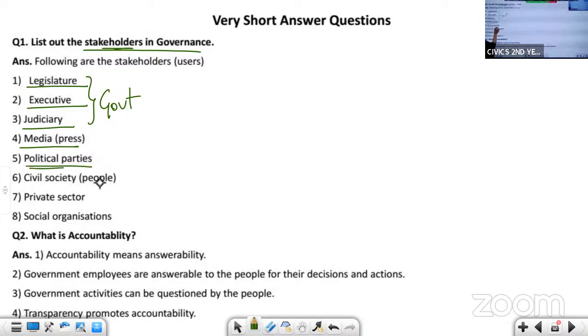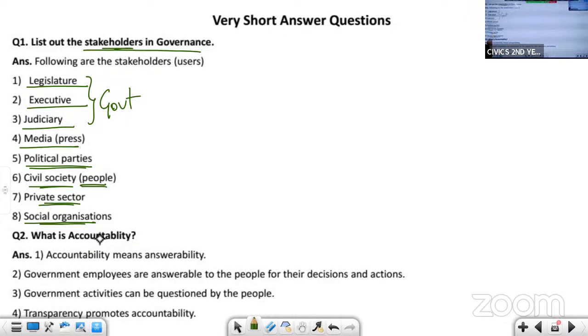Then political parties, civil society, that is the people, private sector, private organizations, and social organizations, non-government organizations, which are working for the welfare of the society, for the benefit of the society, for upliftment of the society.